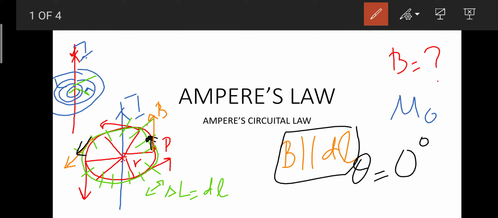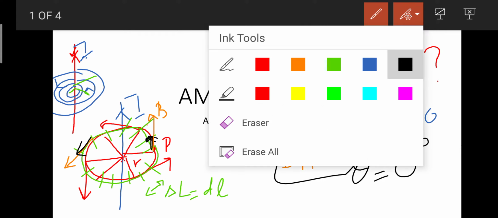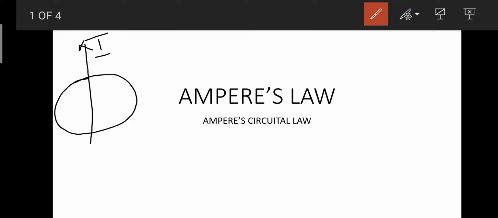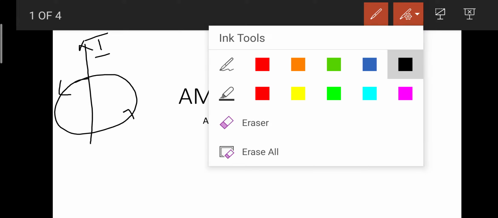Now, we have already discussed that in this particular figure, we have the same condition of current flowing through this wire, and there is a magnetic field around it.